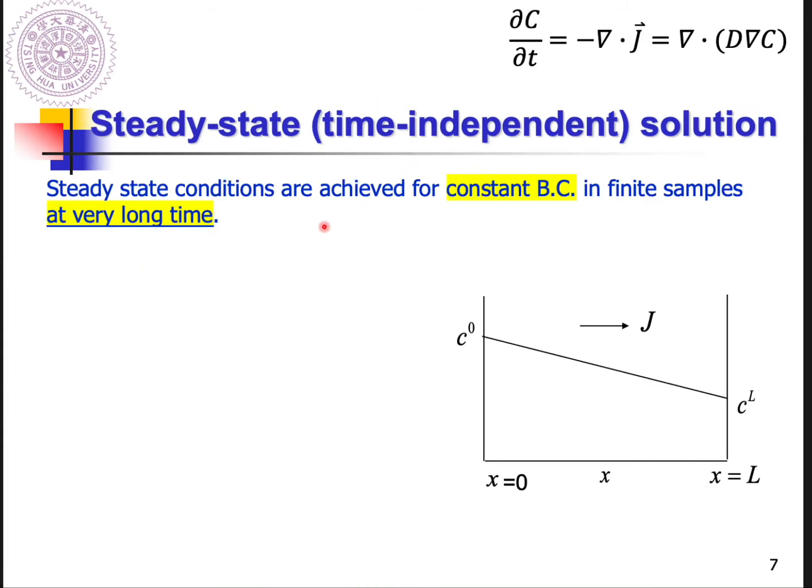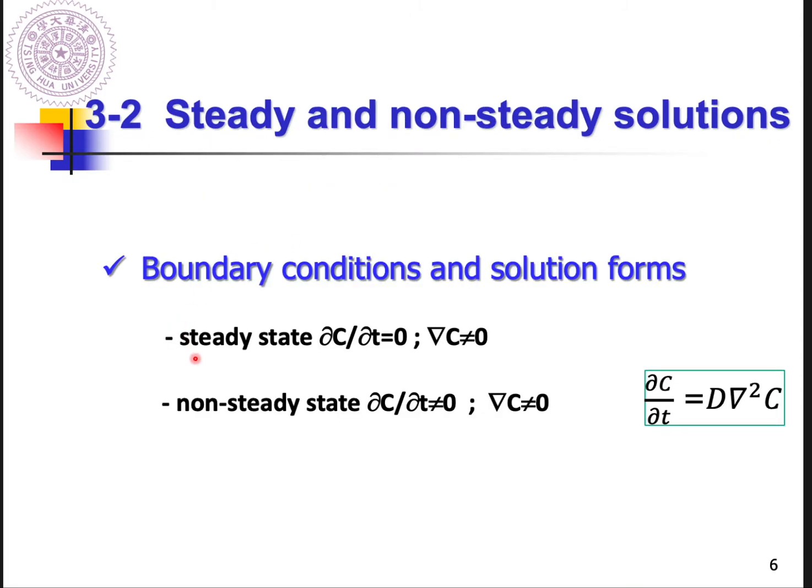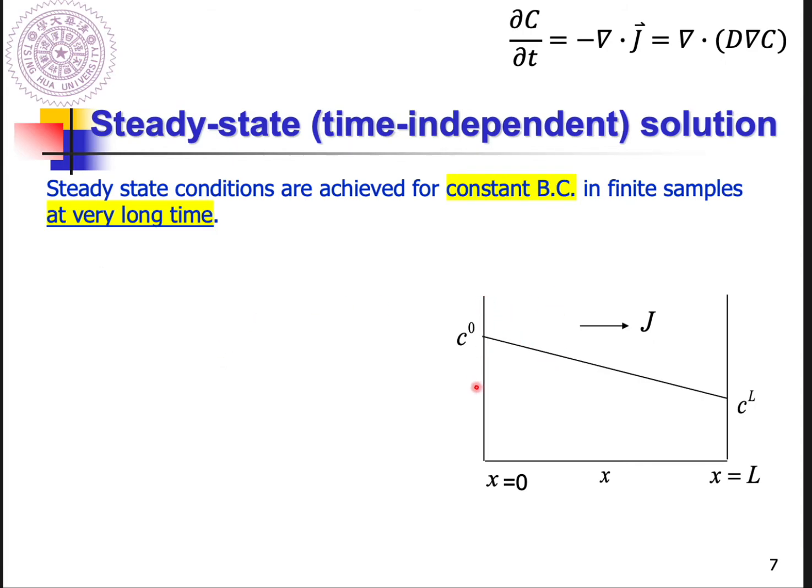So let me give you an example. Say this is a dialysis tube. Because we can easily measure the concentration of diffusing atoms or molecules, when I measure the concentration profile in this dialysis tube, I can easily plot these curves.